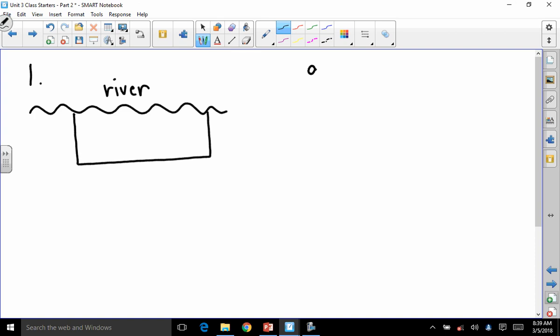All right, so what are we given? He has 2,400 feet of fencing. Which in terms of the geometry in the picture would mean the perimeter is going to be 2,400.